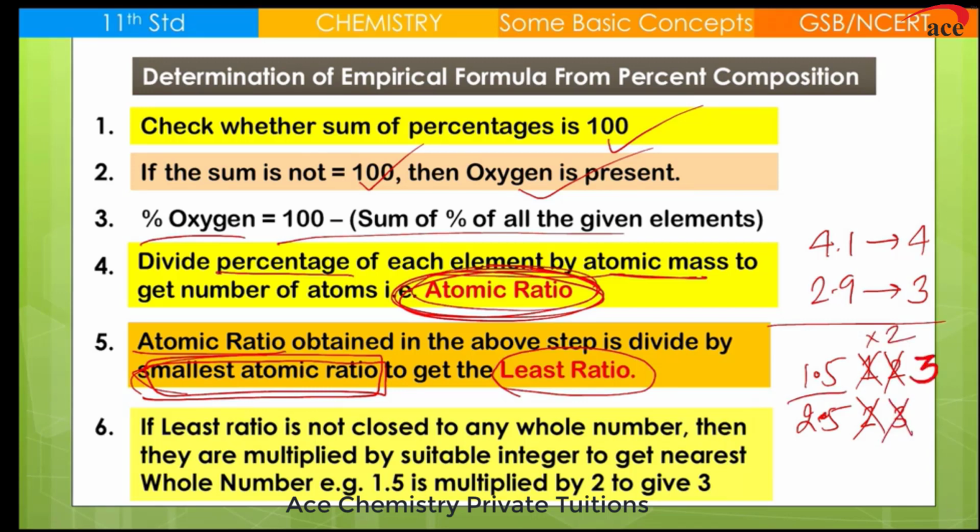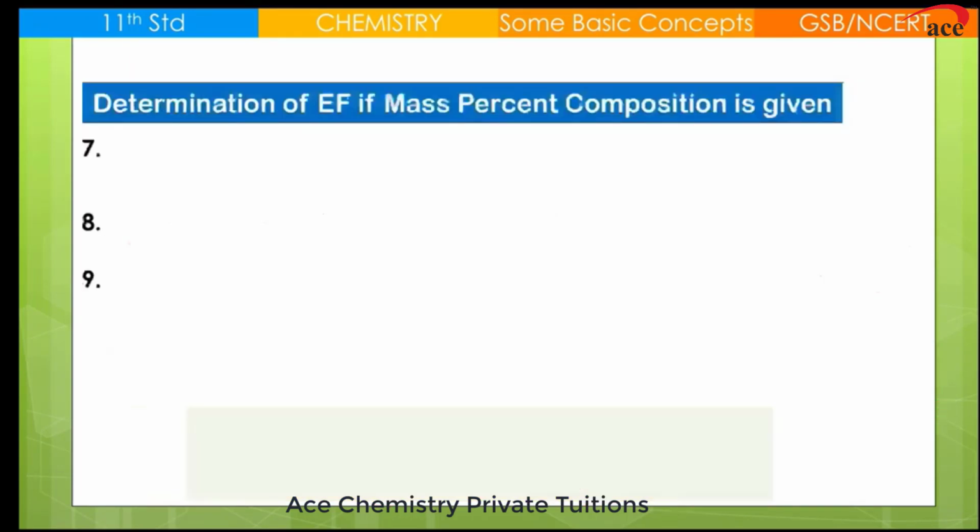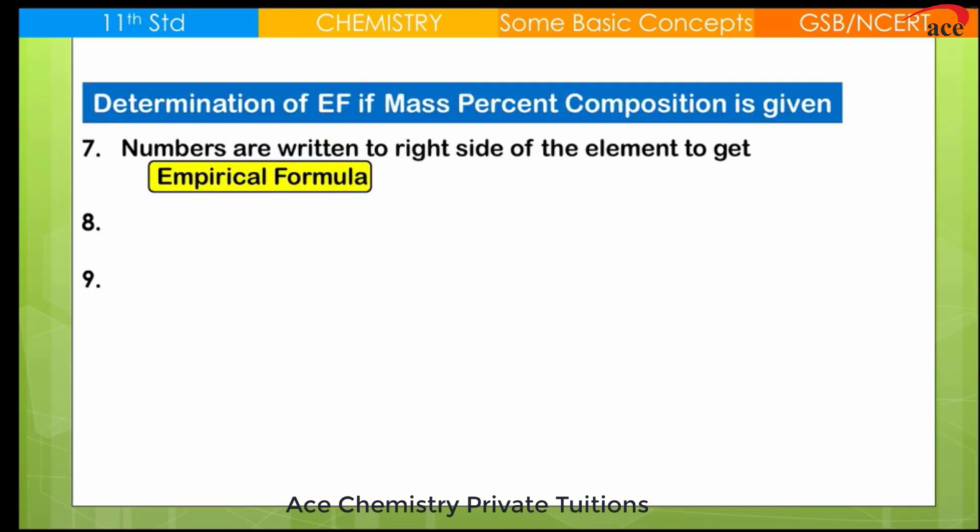We multiply by 2. So 1.5 becomes 3, 2.5 becomes 5. You got this? So if the least ratio is not close to any whole number, then multiply by a suitable integer. In this case, the suitable integer was 2. So if 1.5 is there, multiply by 2, you will get 3.